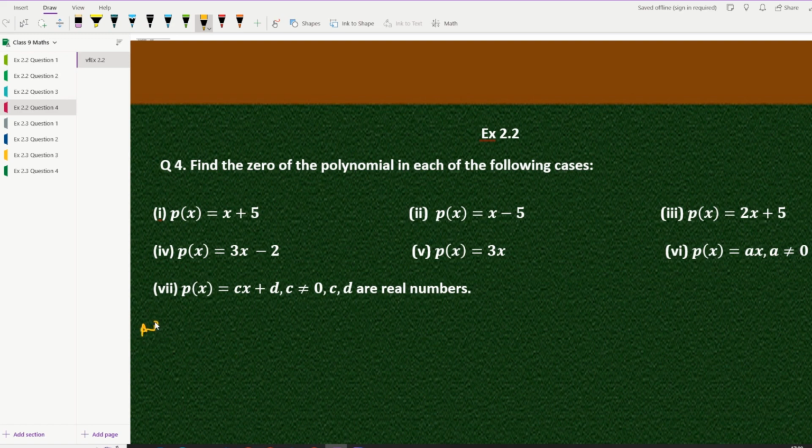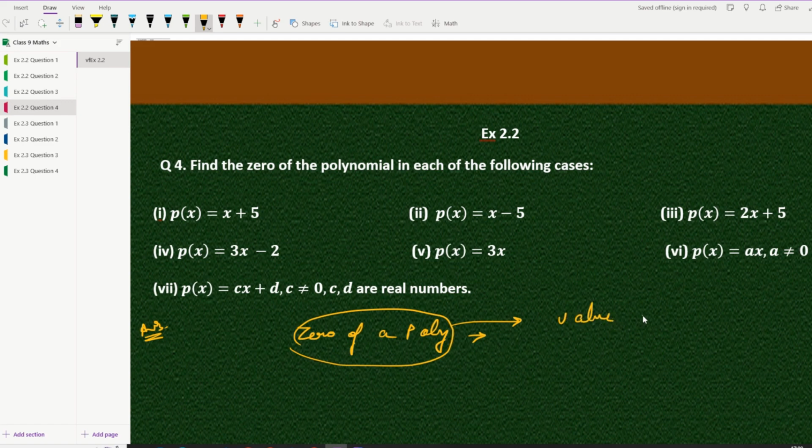Now before answering this question, let us again recap what the zero of a polynomial is. In very simple words, the zero of a polynomial is that value of x for which the whole value of the polynomial will become zero. एक ऐसी x की वैल्यू जिसके लिए पूरा पॉलिनोमियल आपका जीरो हो जाए, उस x की वैल्यू को मैं जीरो ऑफ द पॉलिनोमियल का नाम देता हूं.